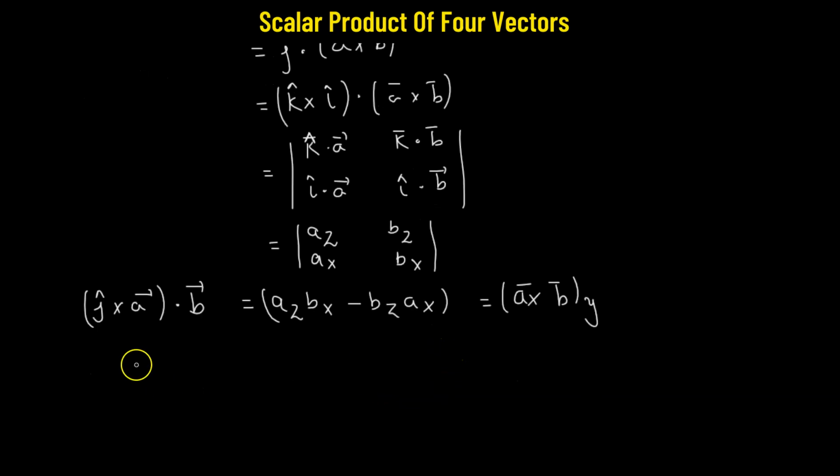Then similarly, we can say that K cap crossed with A vector dotted with B vector is going to give us the Z component of A vector crossed with B vector.